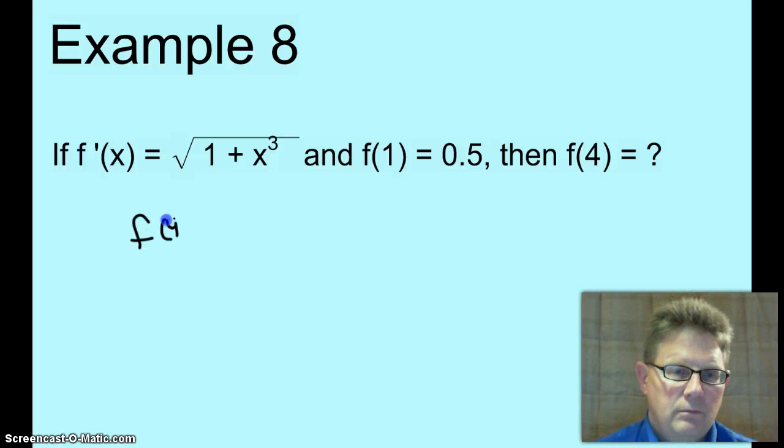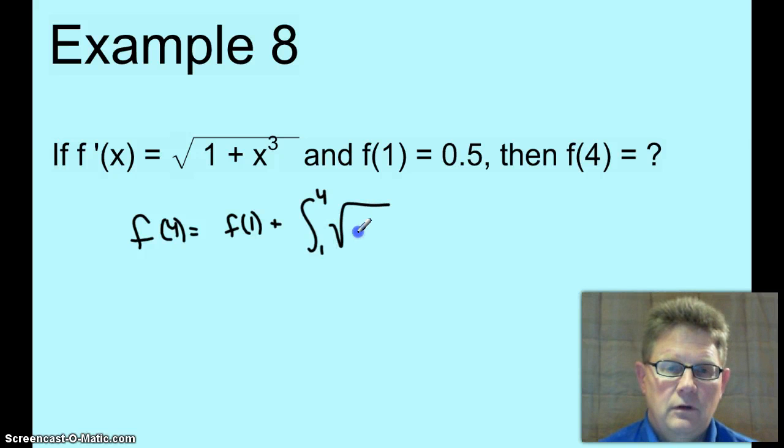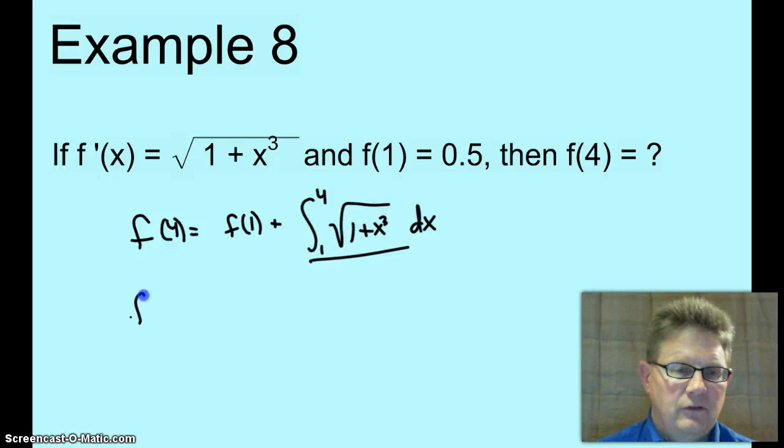F of 4 equals f of 1 plus, you need a starting point on these, plus the integral from 1 to 4 of the square root of 1 plus x cubed dx. Now there's no way to use integration by parts or substitution, so you're just going to have to use your calculator and find out what that is on a calculator.